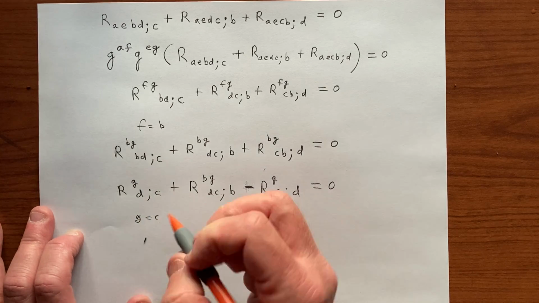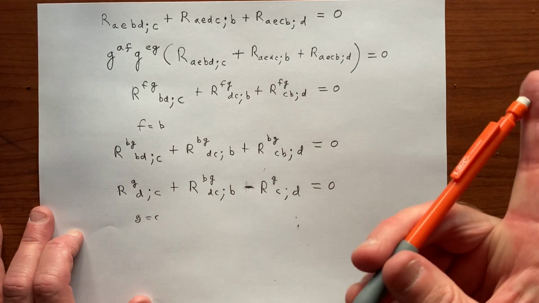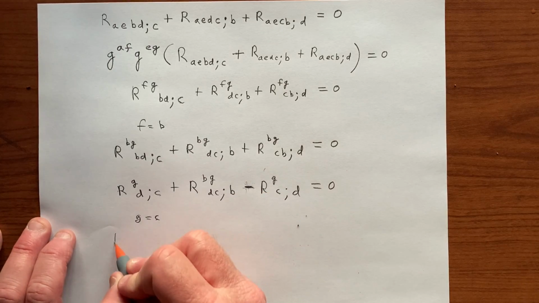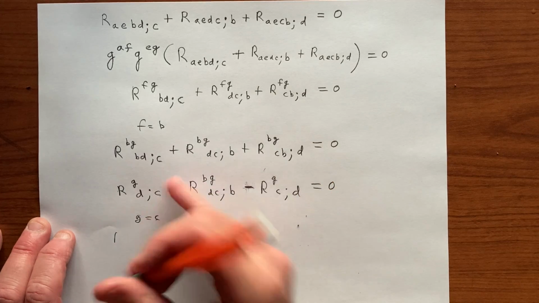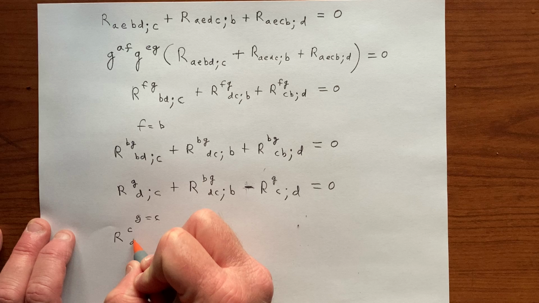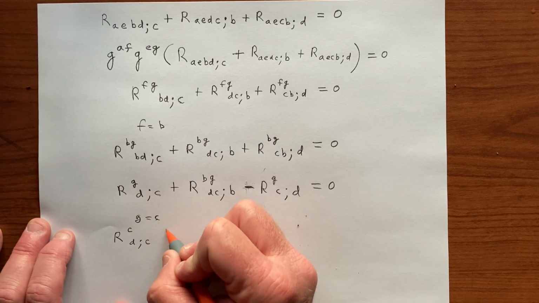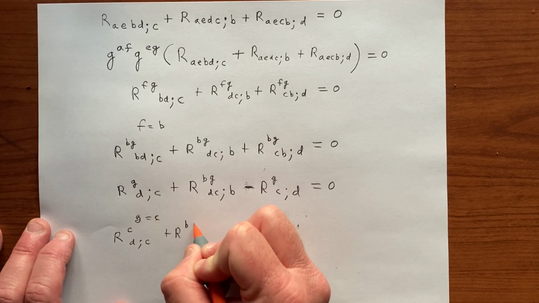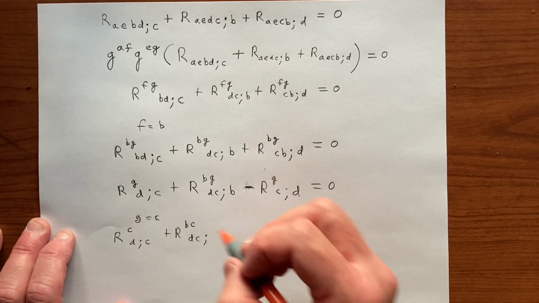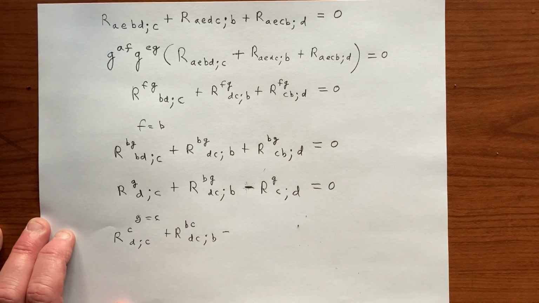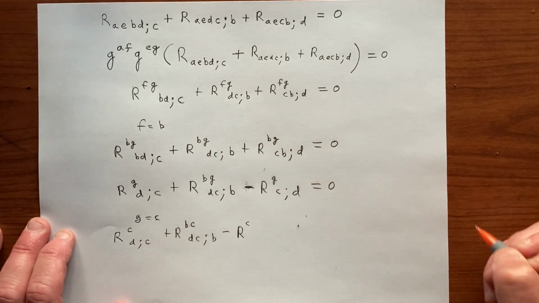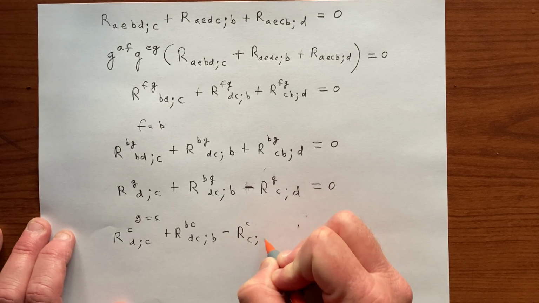G equals C. And this gives us R^C_D;C plus R^BC_DC;B minus R^C_C;D.